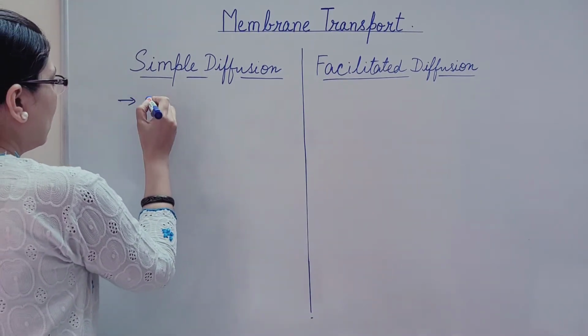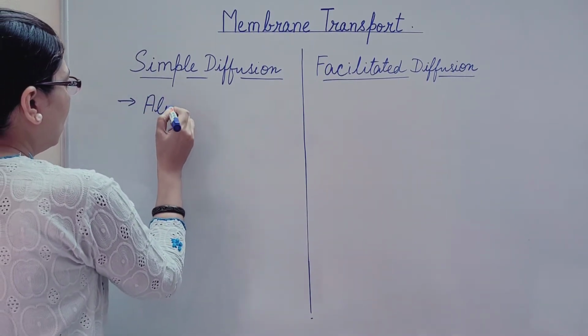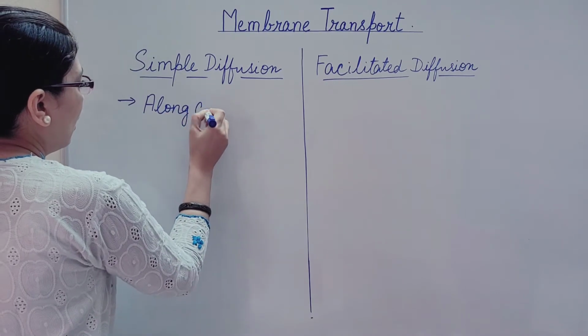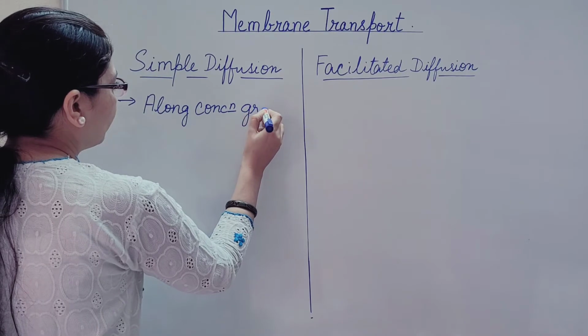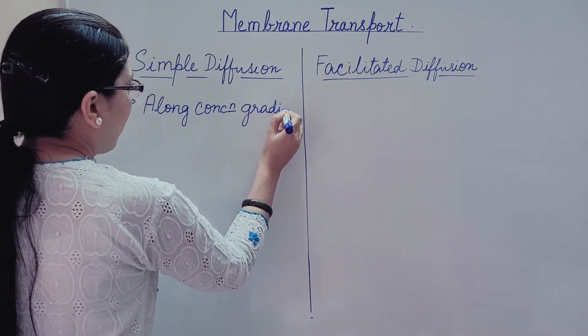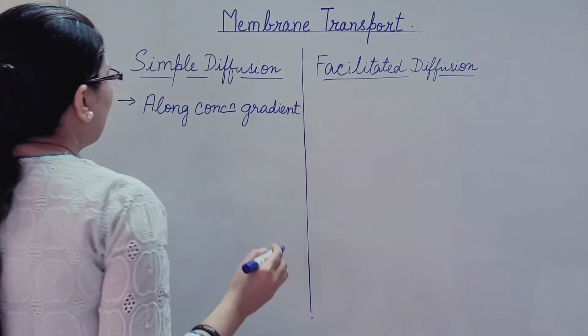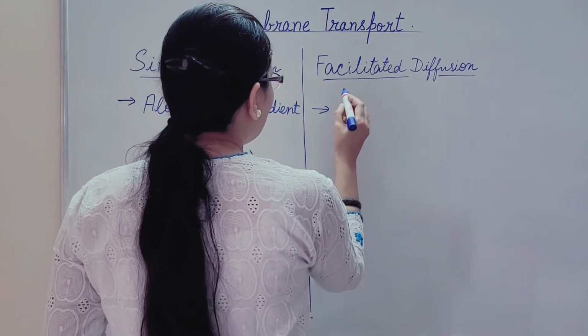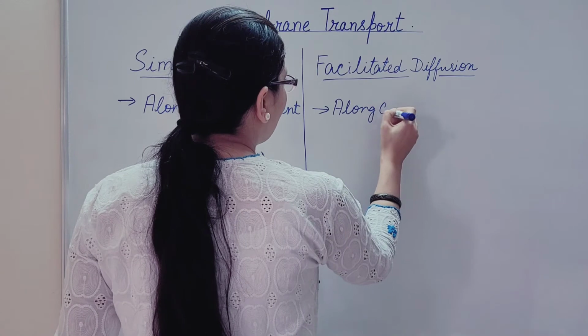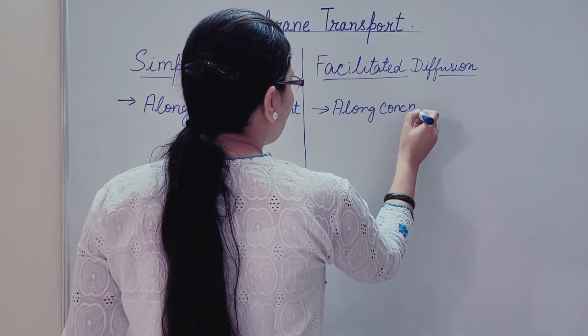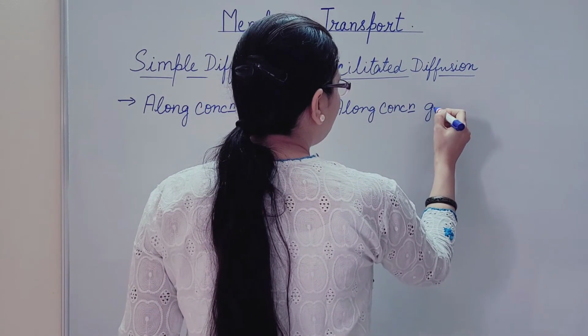Simple diffusion occurs along the concentration gradient. Facilitated diffusion also occurs along the concentration gradient.